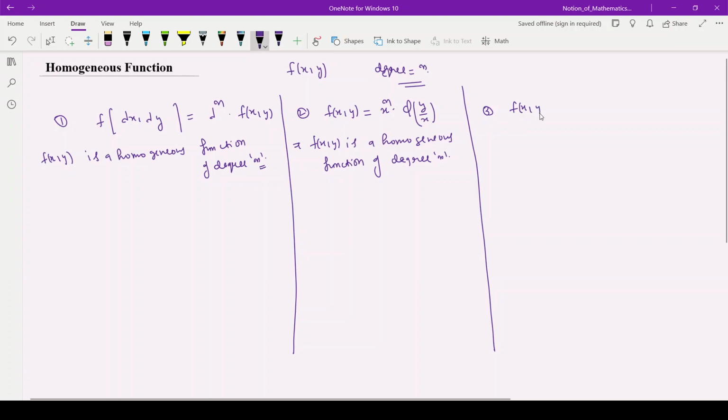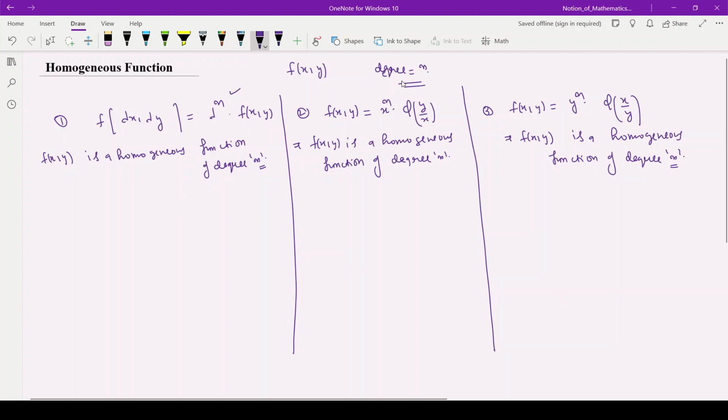If this function f(x,y) I can write as y to the power n into a function of x upon y, then also I will say that f(x,y) is a homogeneous function of degree n.